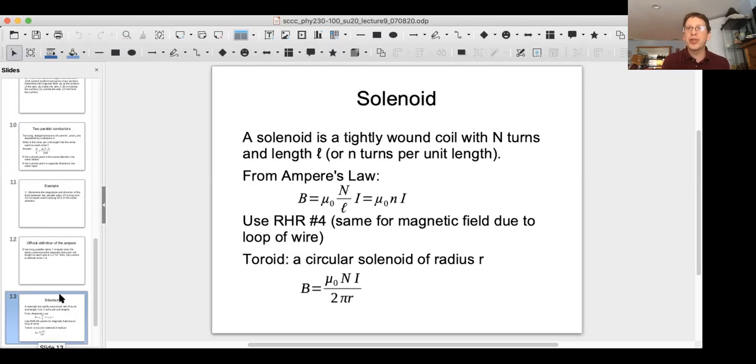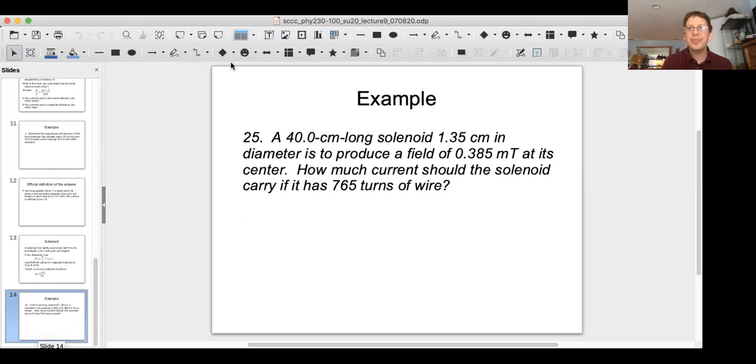And so when you think of the really large particle accelerators, those are toroids with really, really large values of r and comparatively small widths, so that the magnetic field is approximately uniform inside the coils. So that is chapter 28.